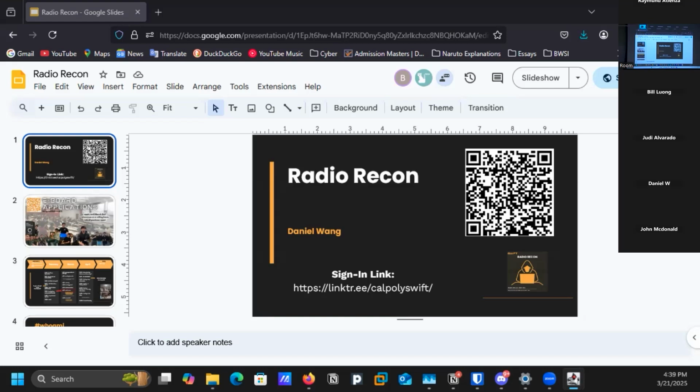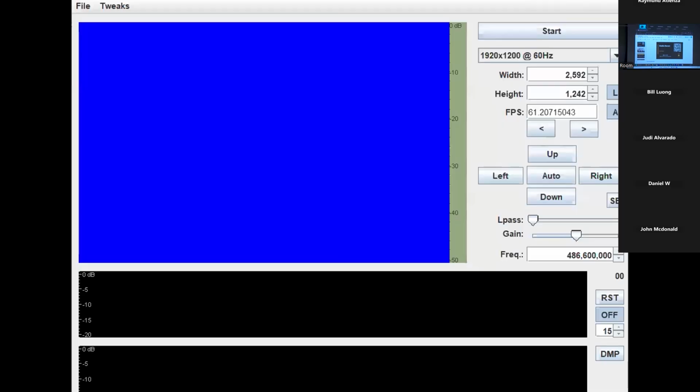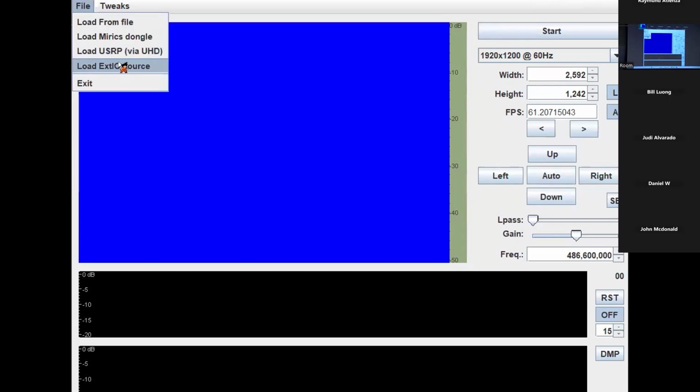Oh, that is not working well. There you go. Let me go over that again. You will load the right device with the source. Oh, okay. Maybe I can't load it twice.